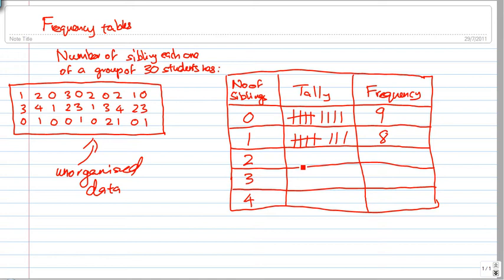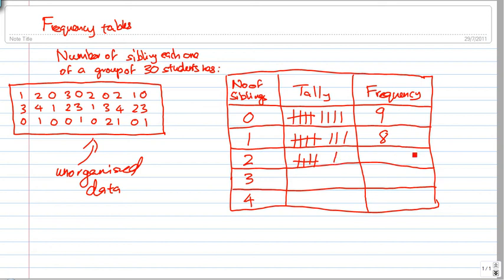So let's count the number of students who've got 2 siblings each. We got 1, 2, 3, 4, 5, and 1.